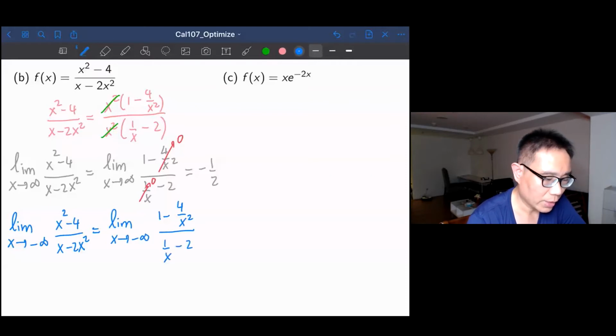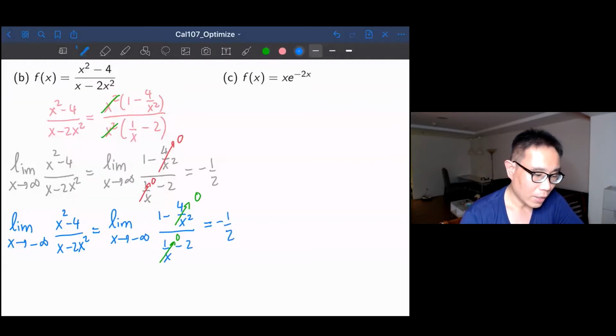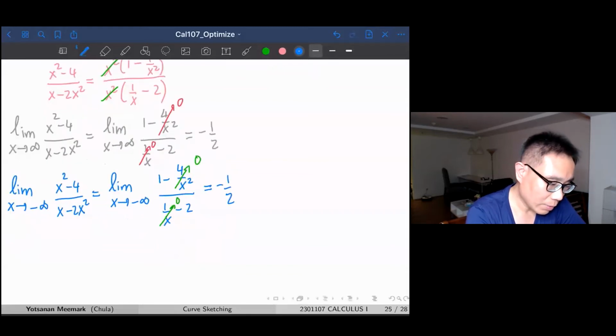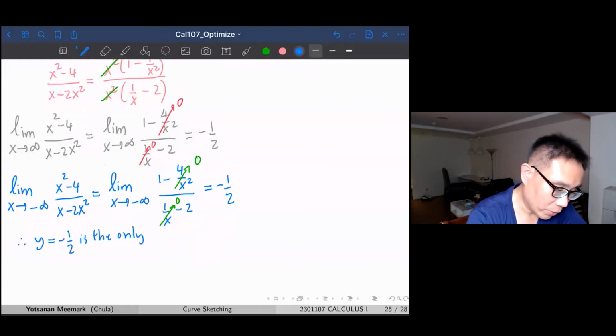In this case, you also get 0 and 0, so the limit turned out to be y equal to negative 1/2. So what does it mean to have these two limits? It means that y equal to negative 1/2 is the only horizontal asymptote.